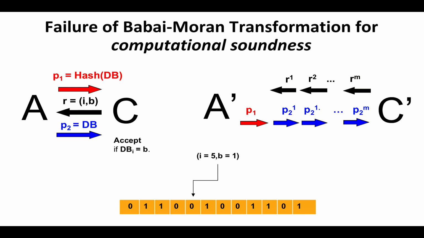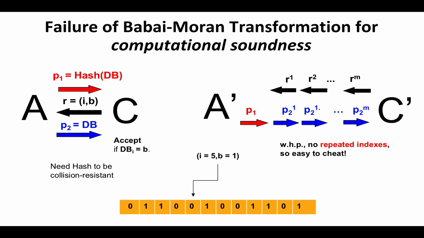In that case, you can win with probability at most 1/2, or 1/2 plus some little epsilon. You send the hash, and he picks a random position and asks you to show that your database had a 0 in this position. You have no idea what he's going to ask, so 1/2 is your chance of being right.